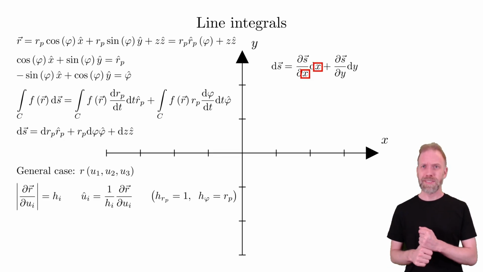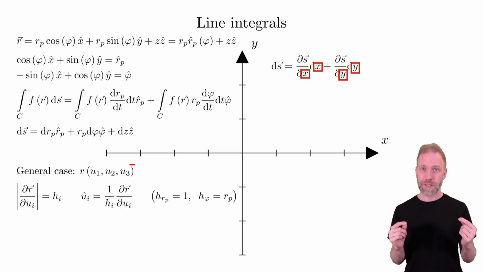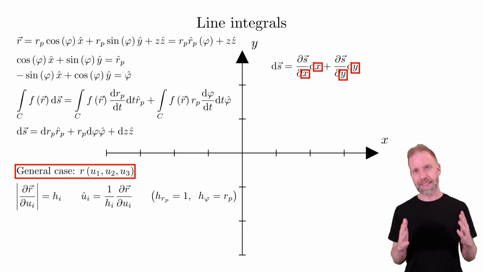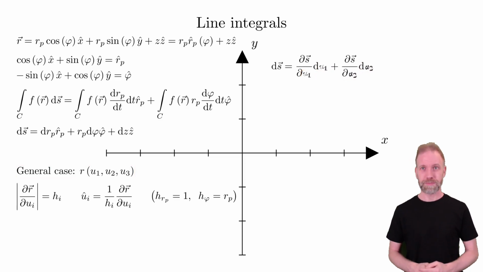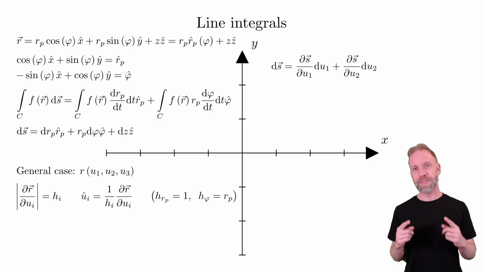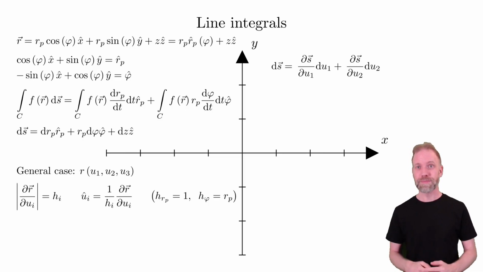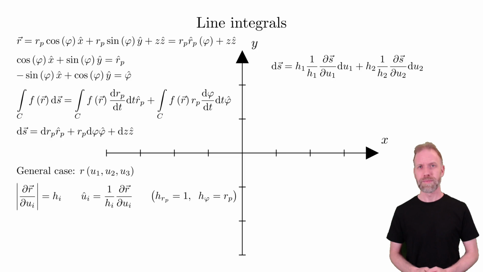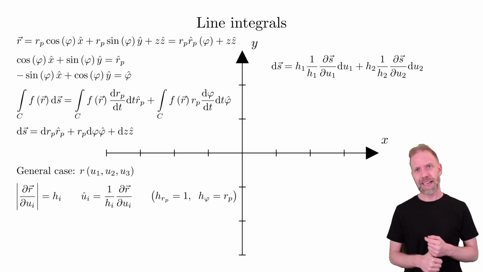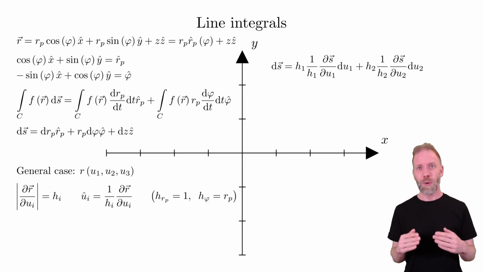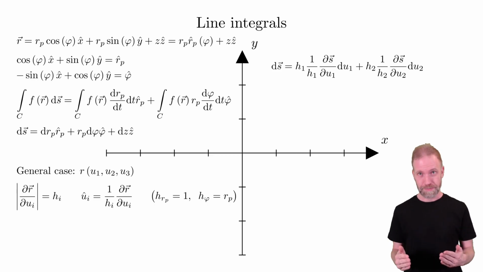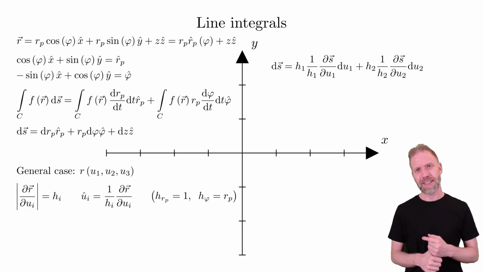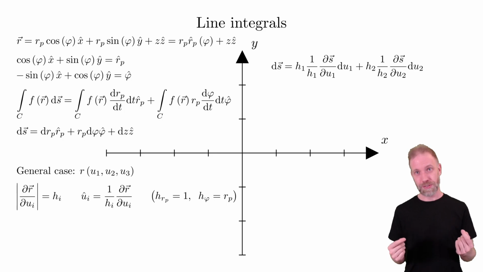This idea will work for any orthogonal coordinate system. Replace x and y with u1 and u2. Multiply and divide by our scaling factor h. Remember, we need a scaling factor as the partial derivative only gives the direction of the unit vector, but it may have a different length than unity, as we saw for the phi derivative.